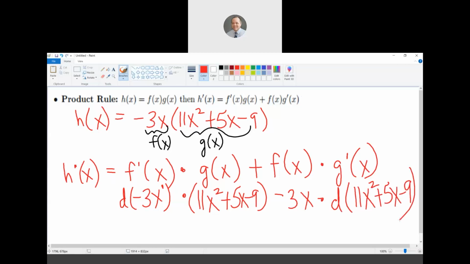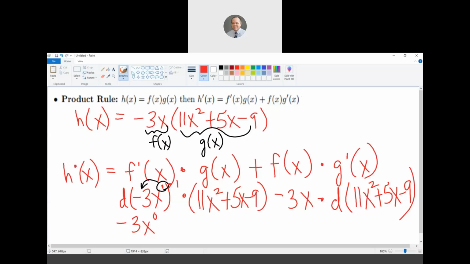Now, going back to the front of the problem, the derivative of negative 3x to the first power, using the power rule, we move the original exponent to the front and multiply it by the negative 3. So that would still give you negative 3. And you subtract 1 from the original exponent.